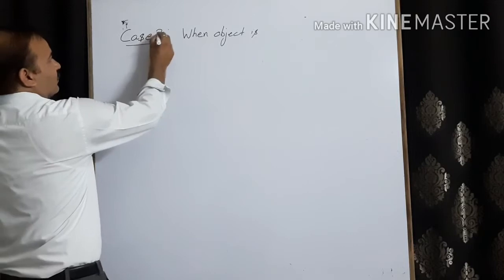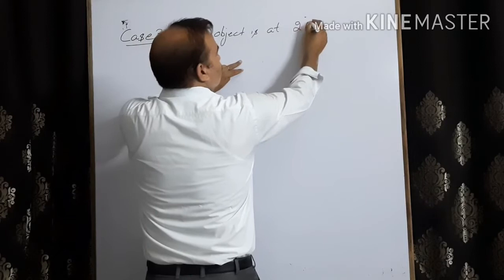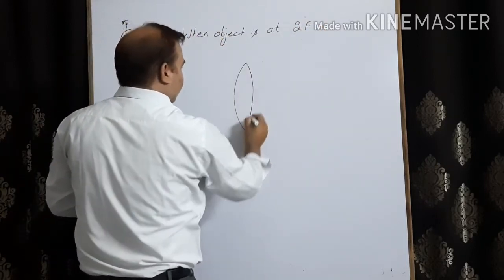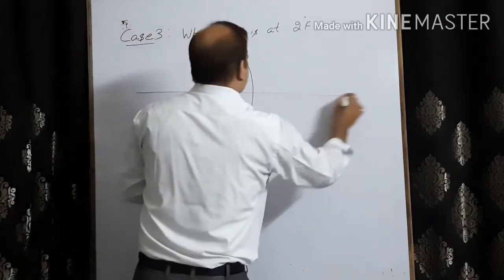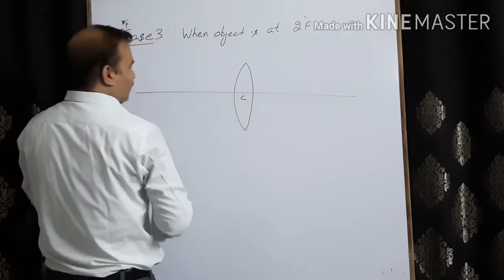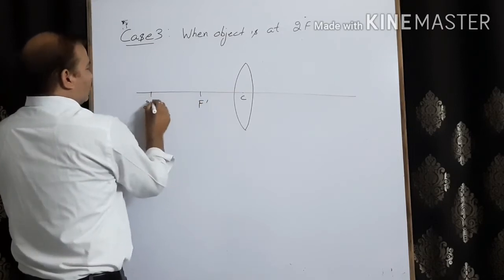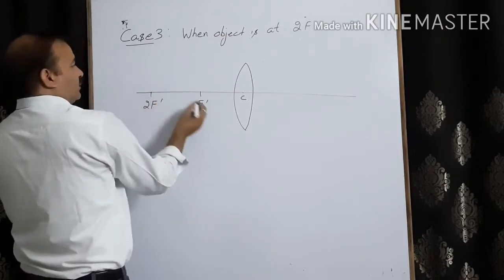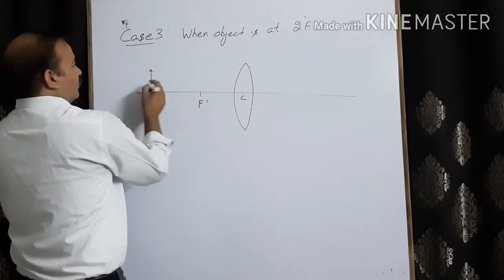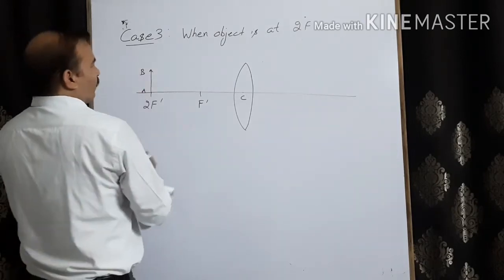The third case, case number three, is when the object is at 2f, that is, twice the focus. So for that the ray diagram will be again a convex lens with the optical center C, and this is the principal axis passing through the optical center. This is f and this is twice f dash, this is f dash, twice f dash. Now when the object is at twice f dash, let A be the height of the object.